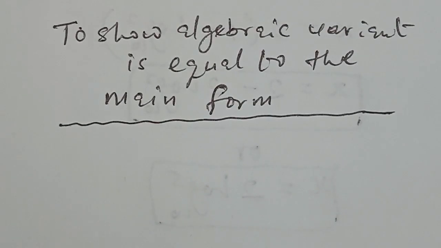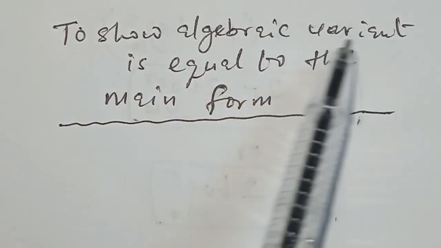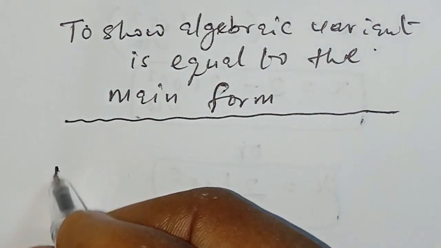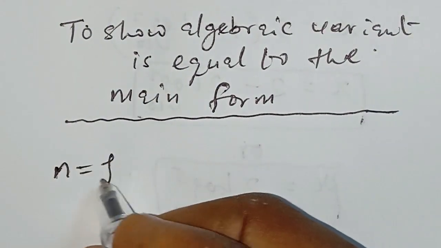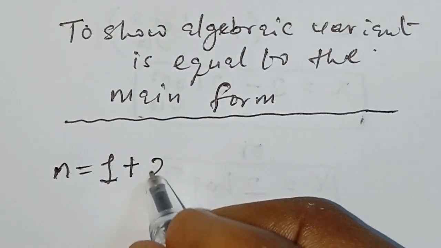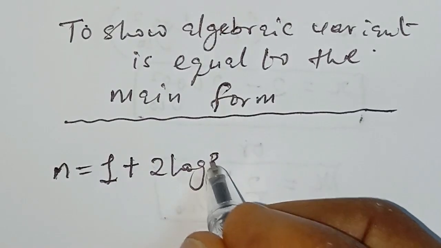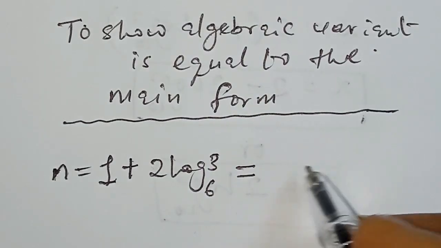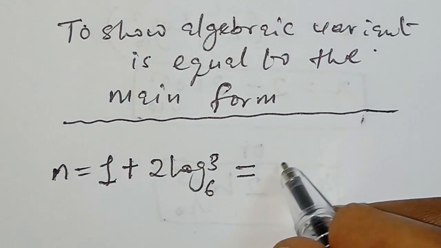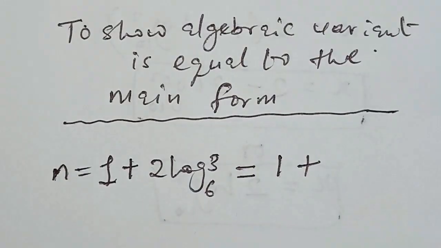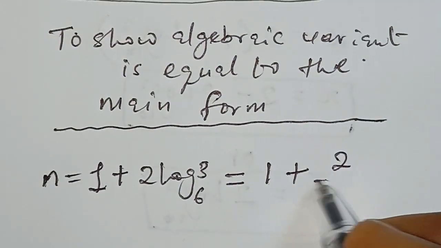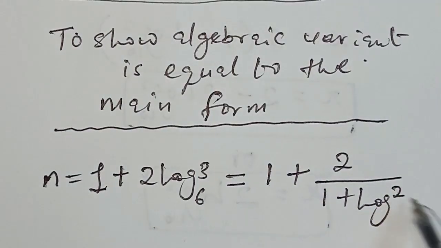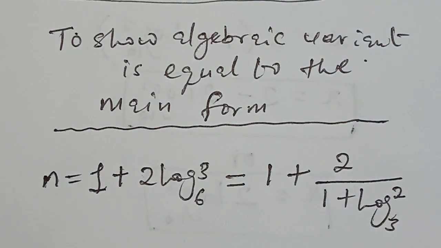Now I'll be showing you how the algebraic variant is equal to the main form, that is n equal to 1 plus 2 log 3 base 6, which is equal to the variant form, 1 plus 2 over 1 plus log 2 base 3.